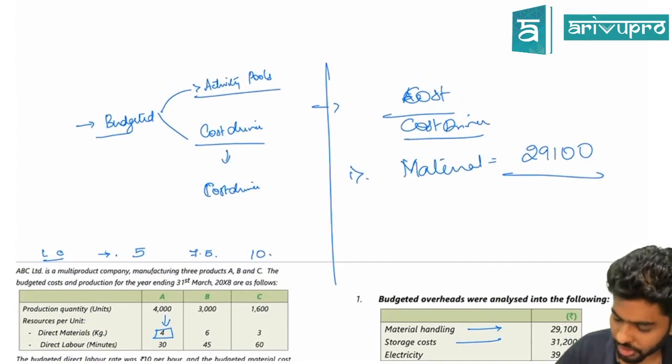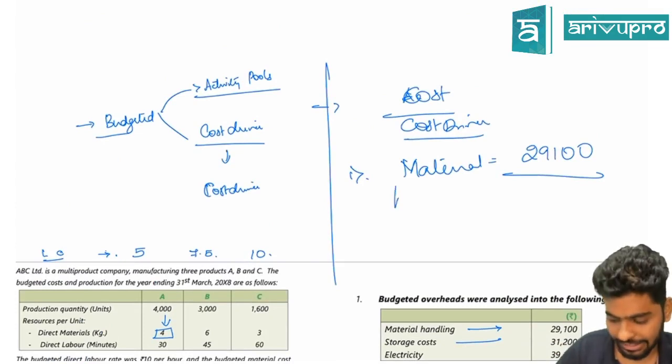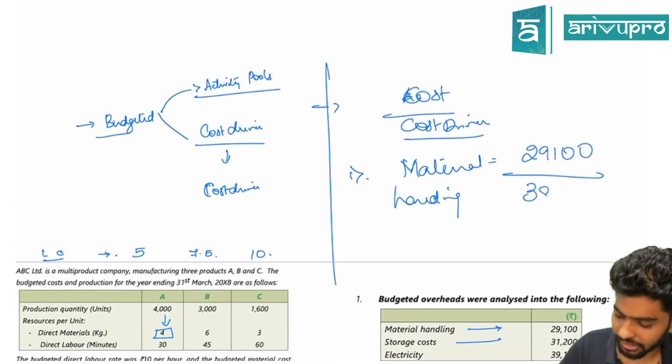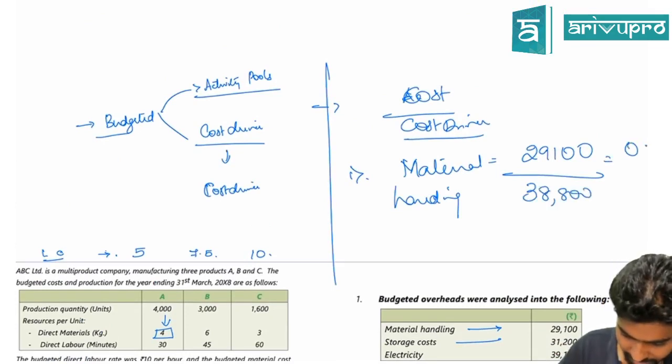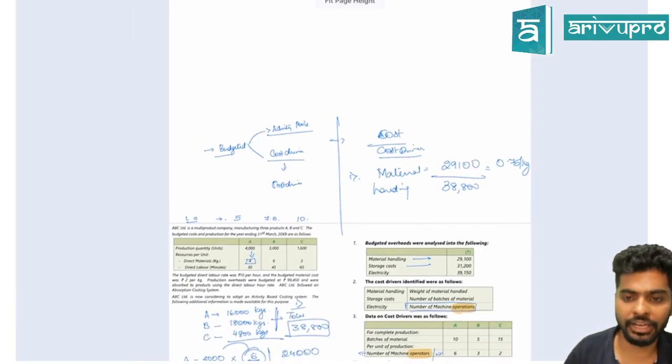So my material handling cost per kg will be 21,900 divided by 38,800, which comes to 0.75 per kg. Are you clear?